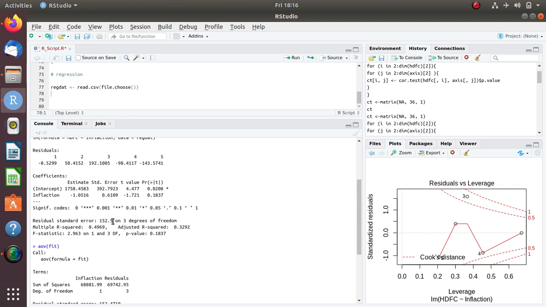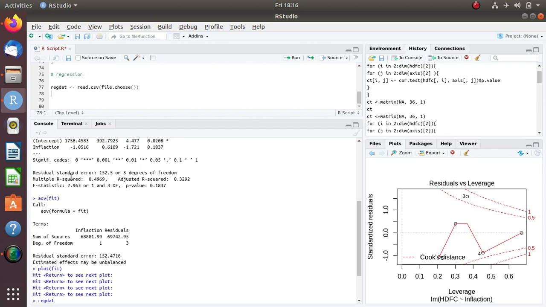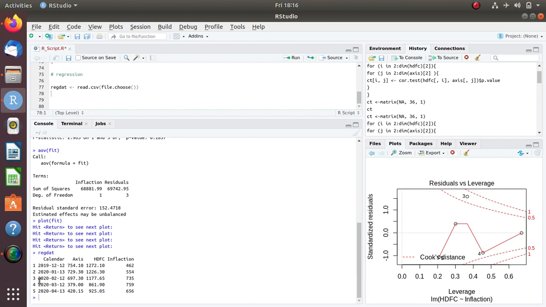We perform the simple linear regression and check the R square value. If the R square value increases, then we consider that these outliers are truly outliers and they need to be deleted from the dataset. That is one utility of this residual versus leverage plot.